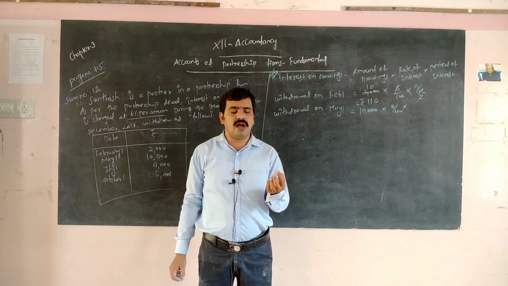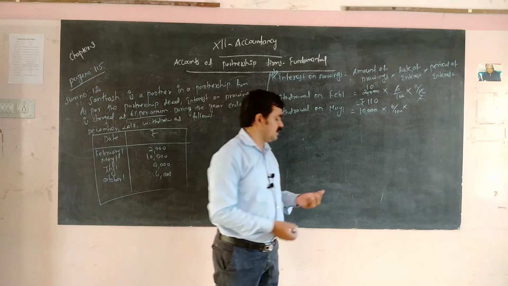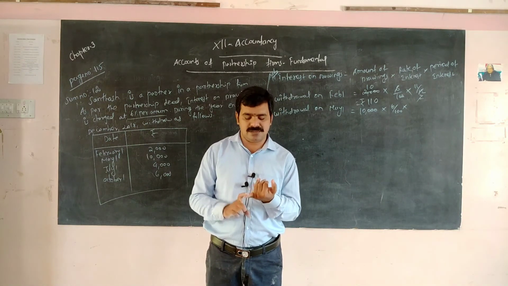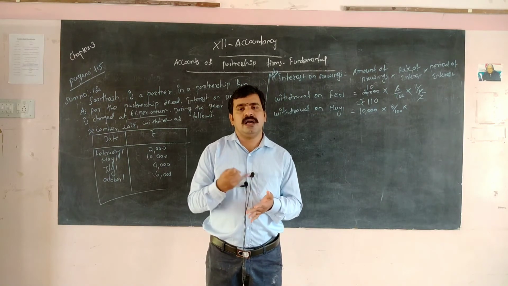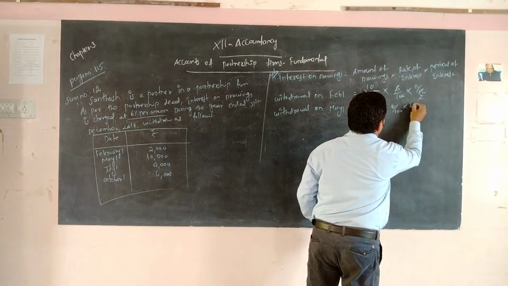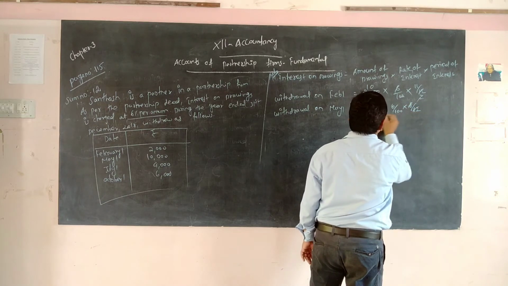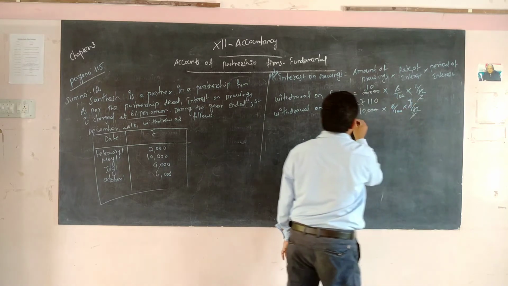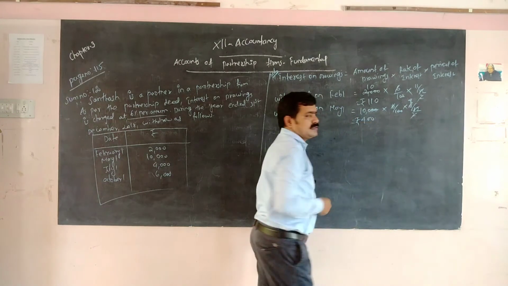We take the May month also: May, June, July, August, September, October, November, December, totally 8 months. So the amount is 400.